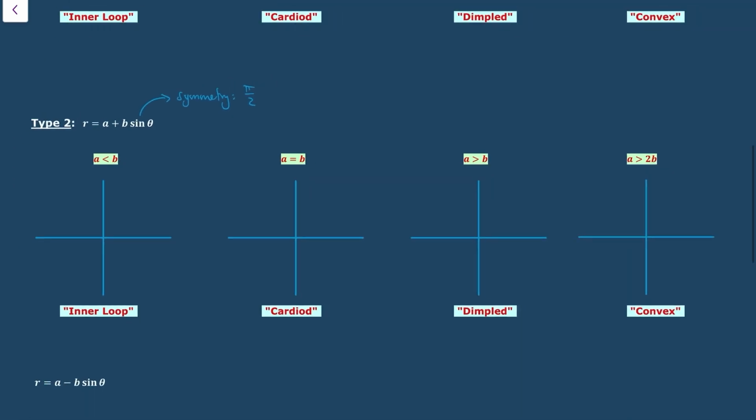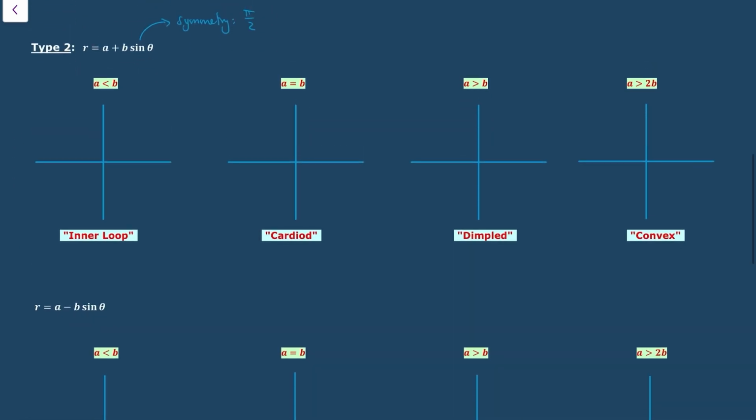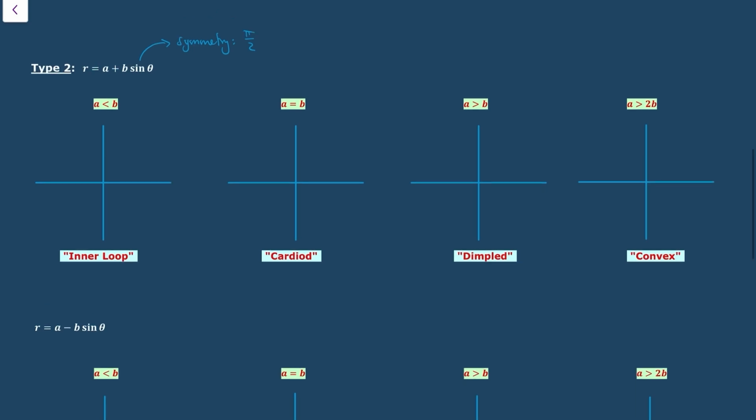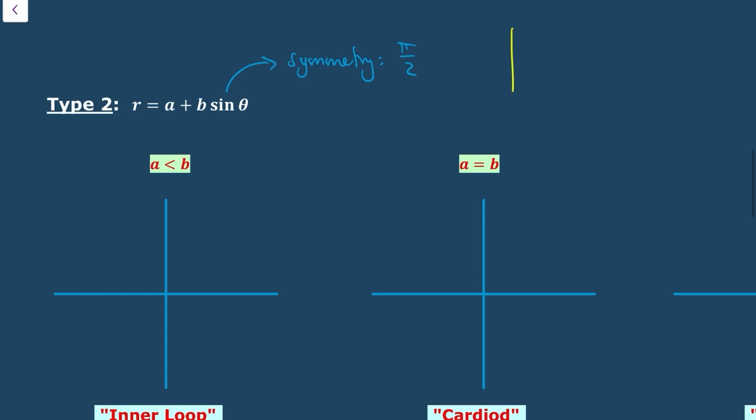Okay, let's have a look at r equals a plus b sine theta. Remember we said here then we will have symmetry about the x-axis. For the rest, the shapes will stay the same. And I'm just going to draw out the sine graph. It's always useful to refer back to this to make connections.